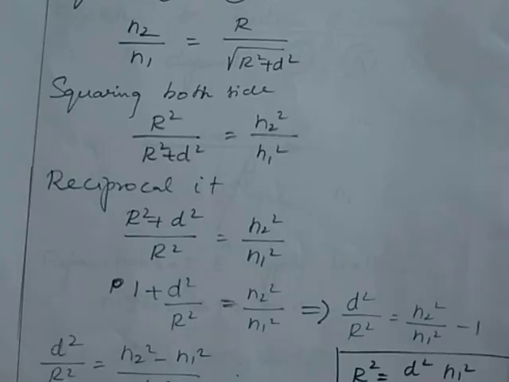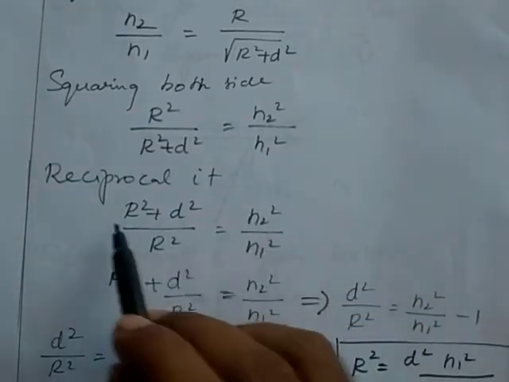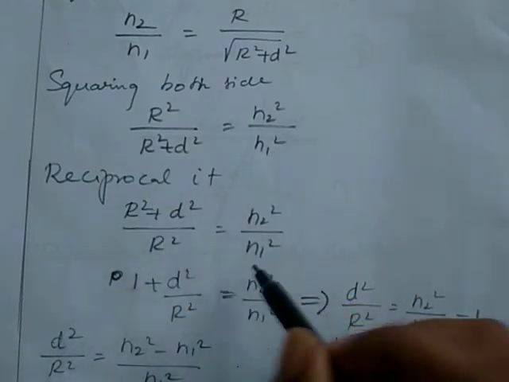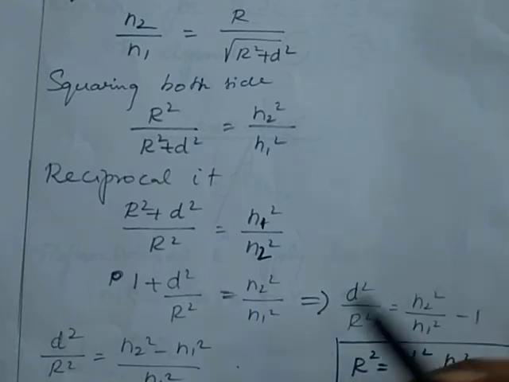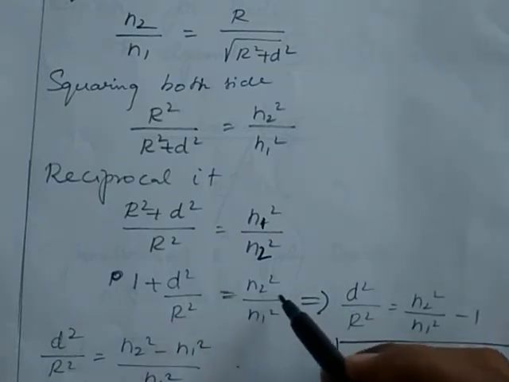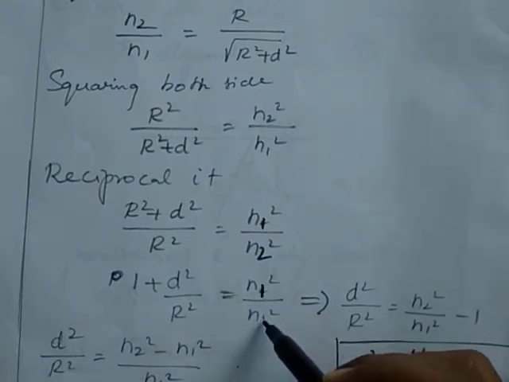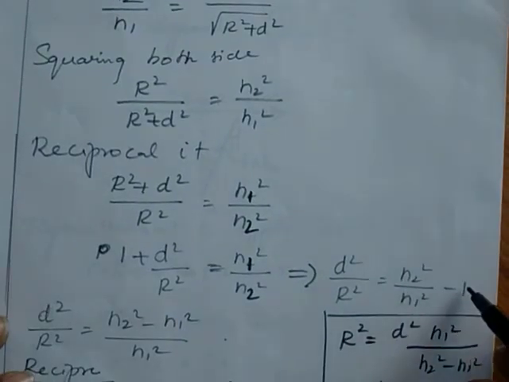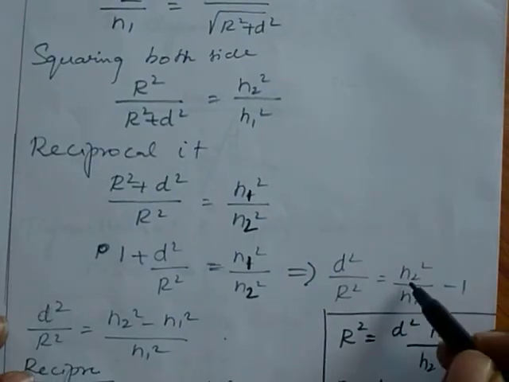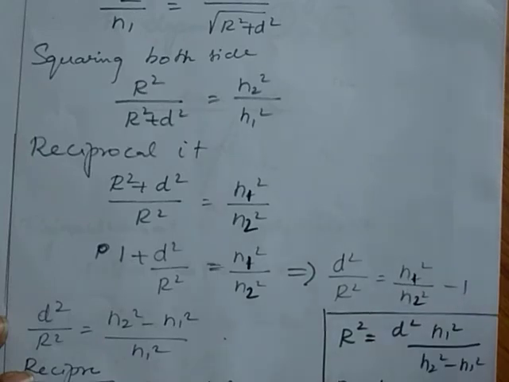I made a small mistake. See, here on reciprocating it, we get n1 square by n2 square. Here also it became n1 square by n2 square. On solving this, we get n1 square by n2 square.